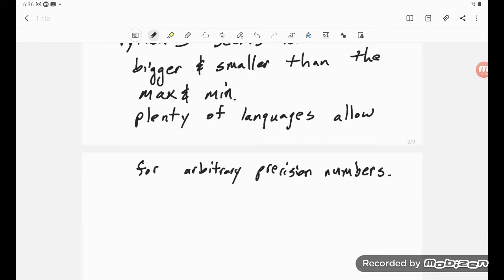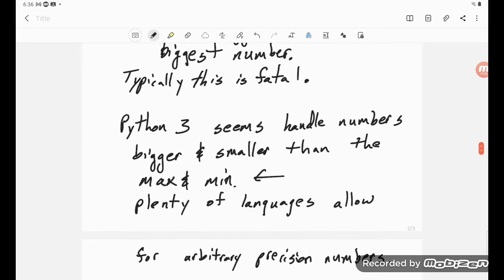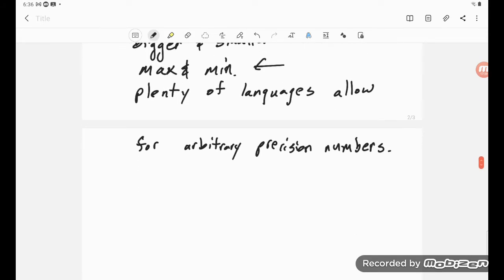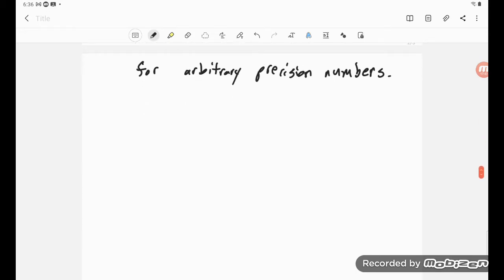Python 2 did not allow any of that sort, didn't handle the max and min. But it appears to me that Python 3 does handle that. And so, those might not be as big a concern with Python 3. But it's good to know for any given language, yes, those might be a concern.